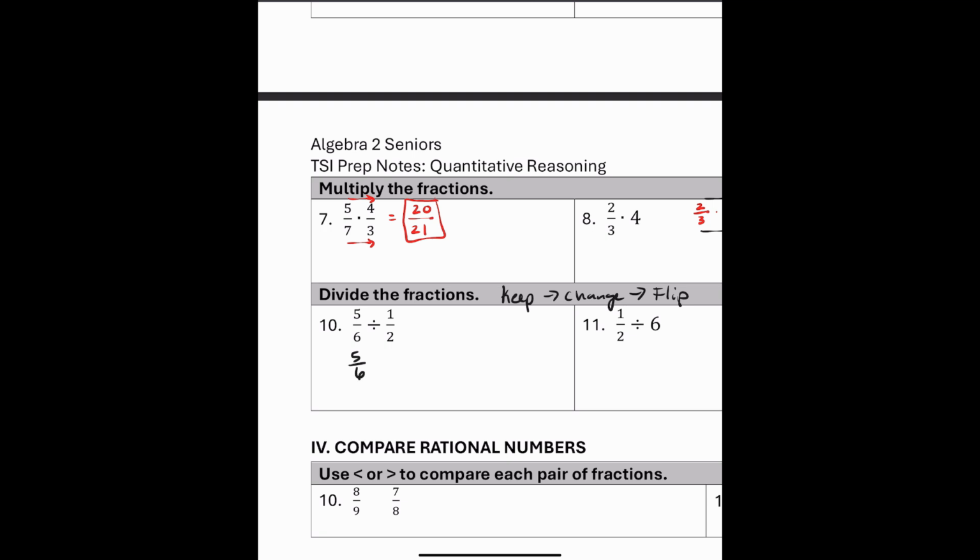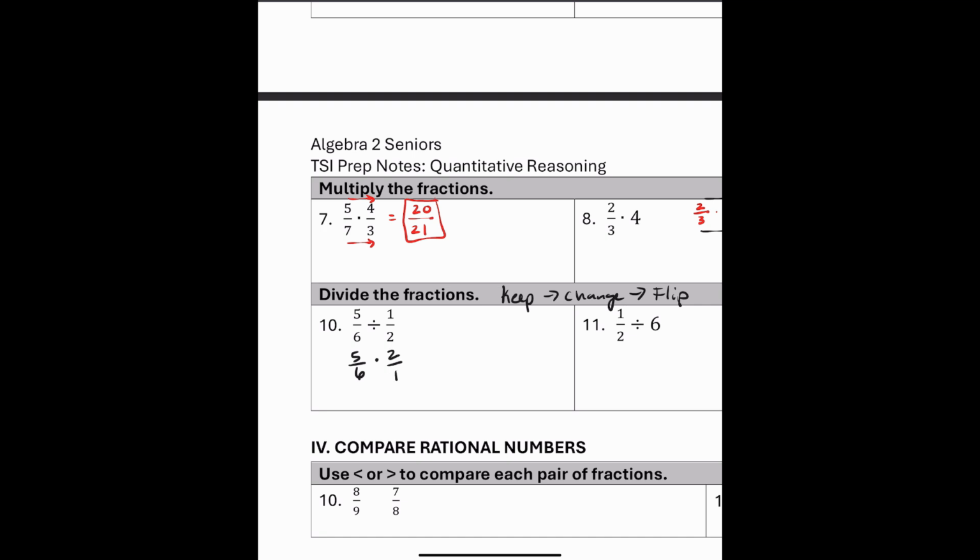And then here we're dividing, right? But we're going to change the sign. So we're going to change the division sign to a multiplication sign. And then we are going to flip the fraction. So what are we actually flipping? We're going to flip the next fraction. That 1 over 2 is now going to be 2 over 1.